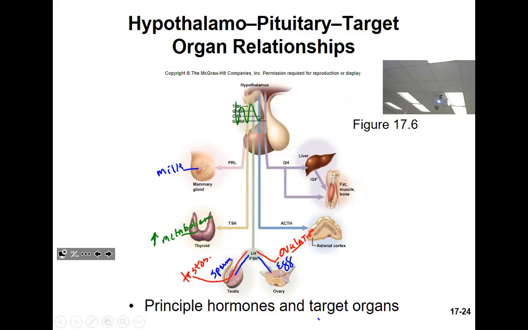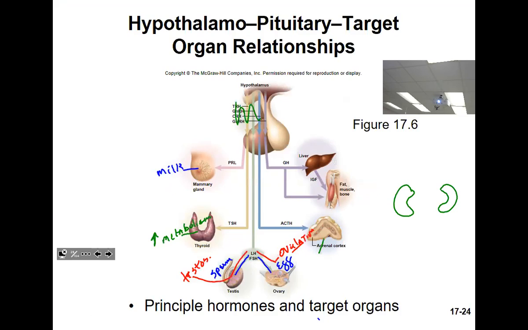Adrenal. Okay, so if we broke this word down, what does renal mean? The renal organs are your kidneys. But what does ad mean?